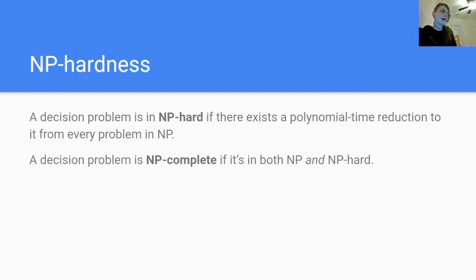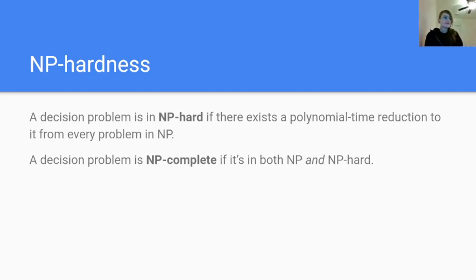So basically, we have this NP-hard solving algorithm in our pocket. Then we can write a polynomial time reduction to it from every problem in NP.